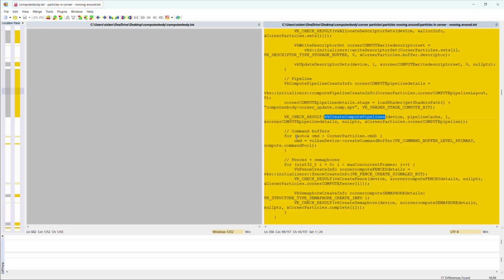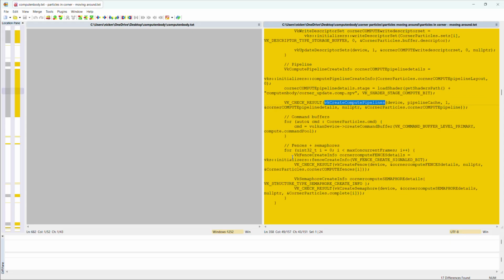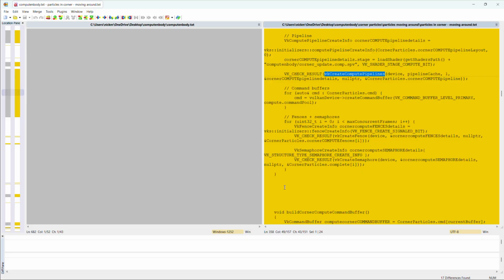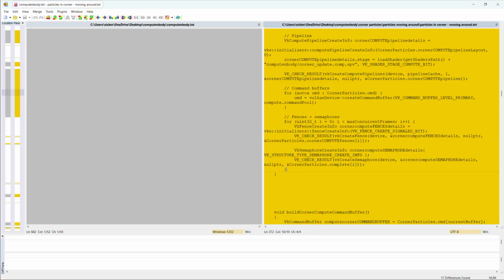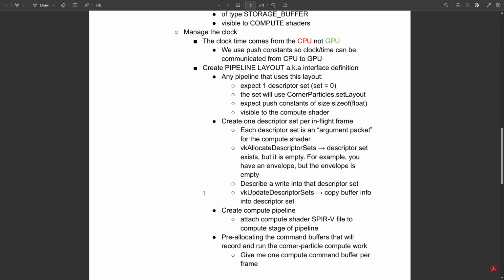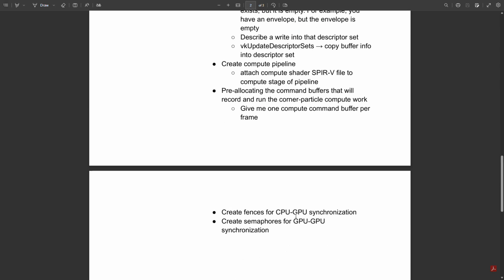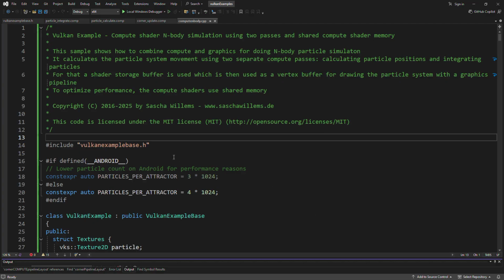We associate a command buffer for each of the frames, and then we also have to deal with fences and semaphores. And then I think I just stop right here because it is a lot. Create fences and semaphores, right?